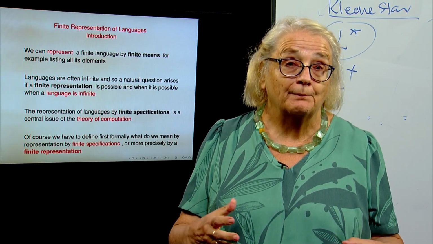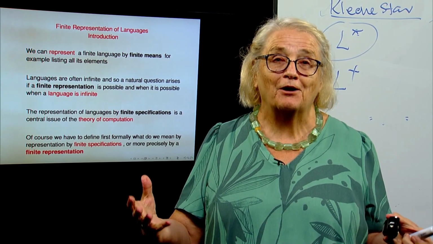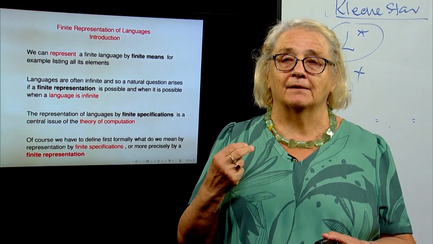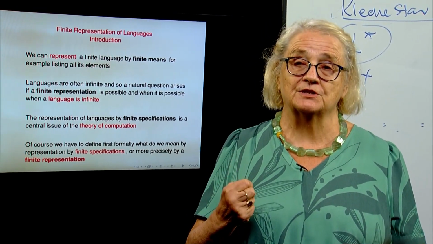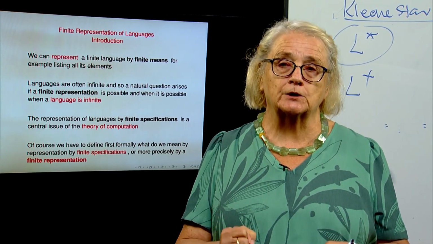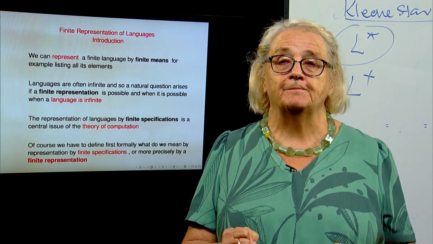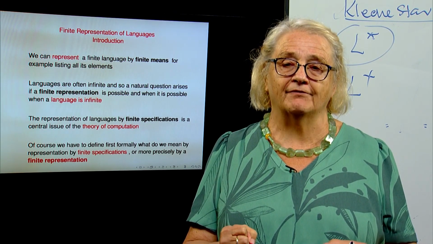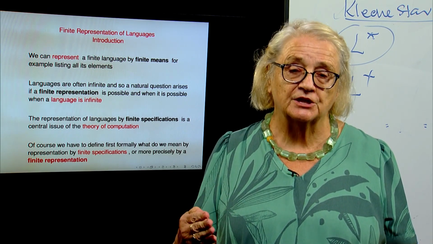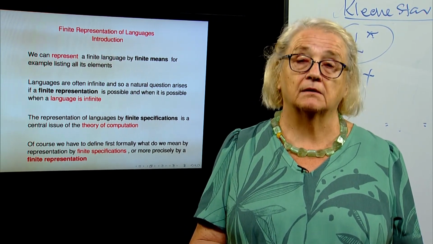Because you want to represent those languages in computers, and you can only represent finite things. So the representation of languages by finite specifications is a central issue of the theory of computation. Of course, we have to define first formally what we mean by representation by finite specification, or more precisely, finite representation.